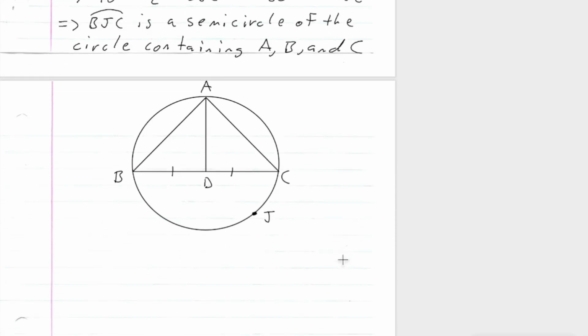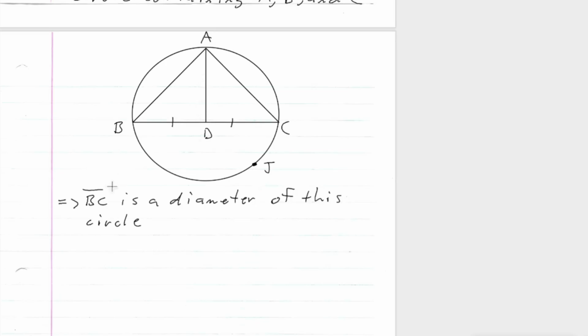So here we go. If BJC is a semicircle, this implies that BC is a diameter of this circle.